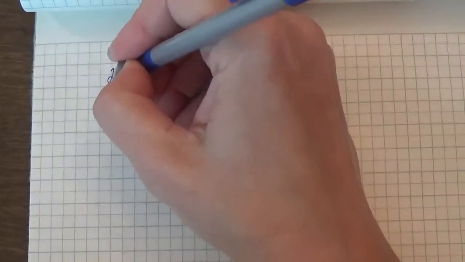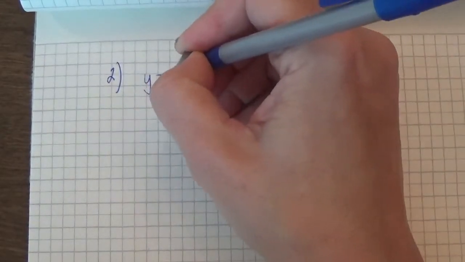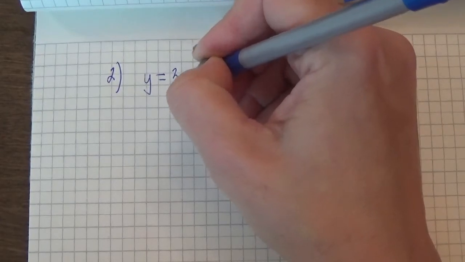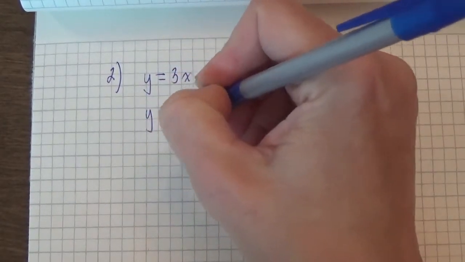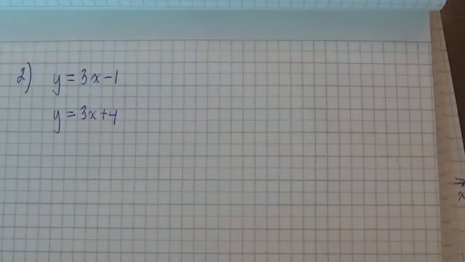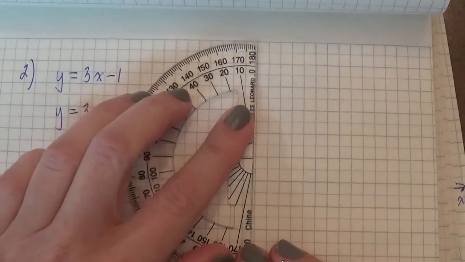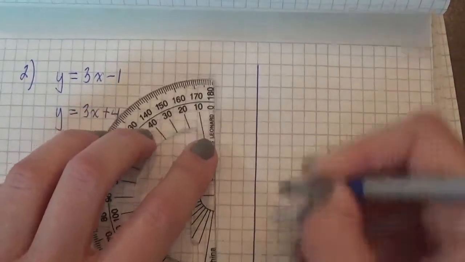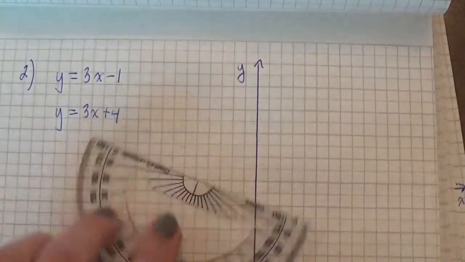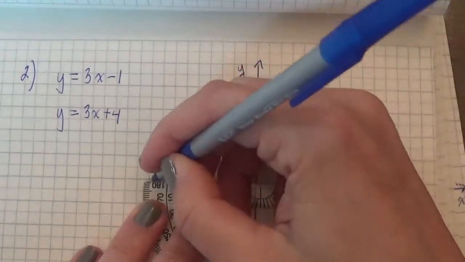So there's a special case, we'll call this example 2. And the equations are y equals 3x minus 1 and y equals 3x plus 4. So let's just see what happens if we graph these two on the same x and y axes.